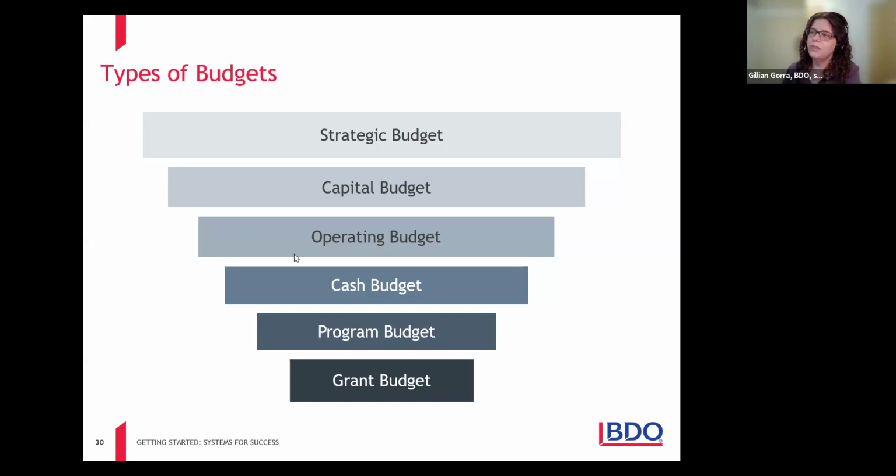So it's a little bit different than the operating budget, which is going to help us understand if we have plans that will end our fiscal year in either a surplus or a deficit. But the cash budget is going to help us see from a monthly basis if we can actually support our activities every month with the amount of cash that we have.